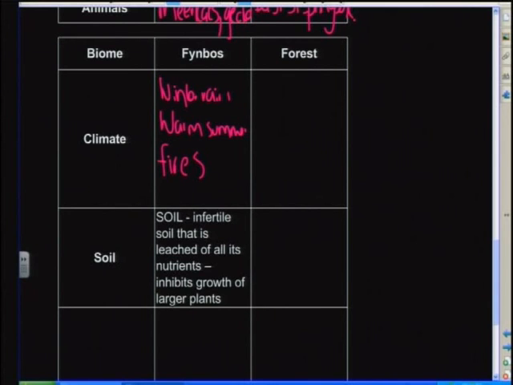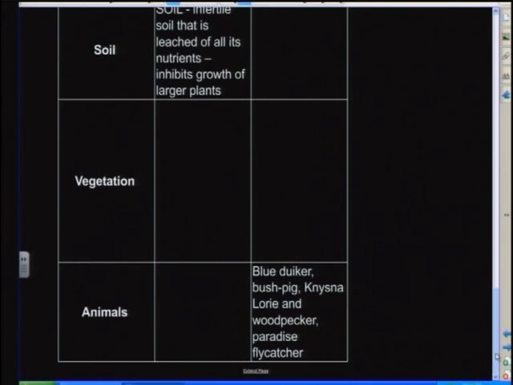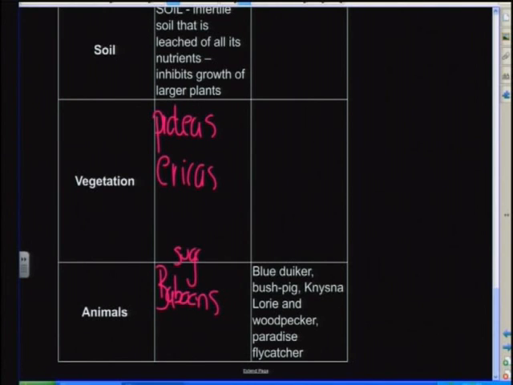Soil is slightly fertile and can be leached. Vegetation, remember, our areas that are endemic to South Africa: proteas, ericas. Animals: baboons. What else do we find there? Sugarbirds for the plants.